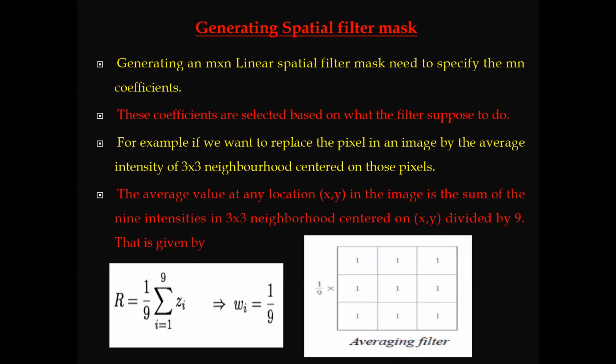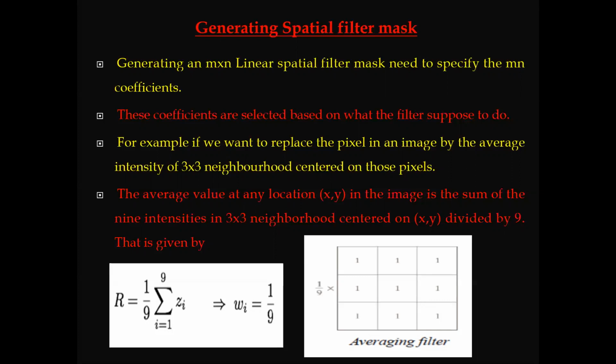For example, if you want to replace the pixel in an image by the average intensity of the 3 by 3 neighborhood centered on that pixel, then the average value at any location x, y in the image is the sum of the 9 intensities in the 3 by 3 neighborhood centered on x, y divided by 9, that is given by R = 1/9 summation i = 1 to 9 of Zi.